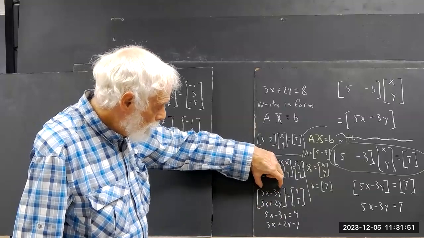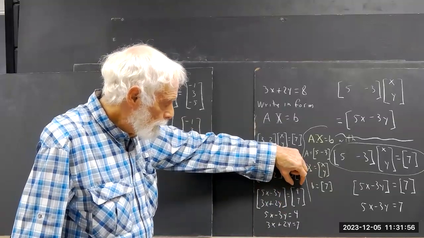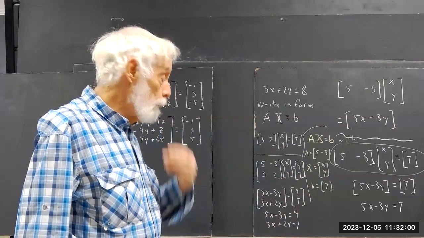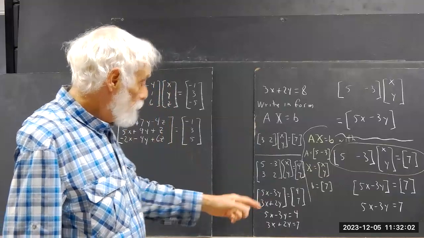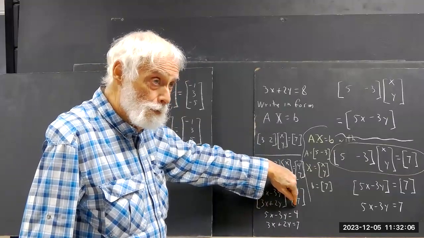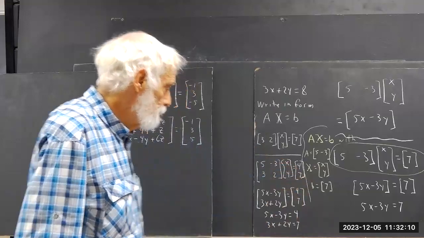Well, the first row consists of 5x minus 3y, and the first row of this one consists of 4, so 5x minus 3y has to be equal to 4. Similarly, whatever's in the second row here has to equal whatever's in the second row here. That gives us 3x plus 2y equals 7.